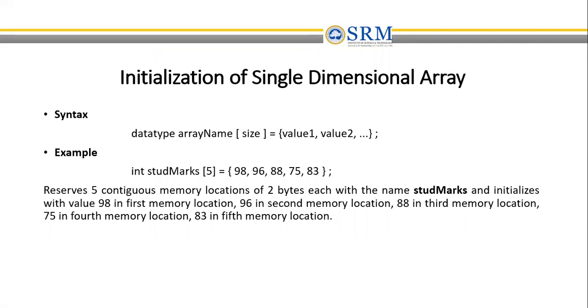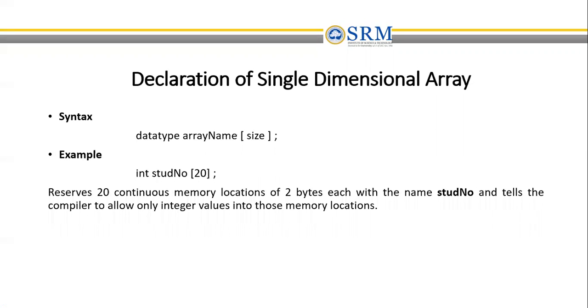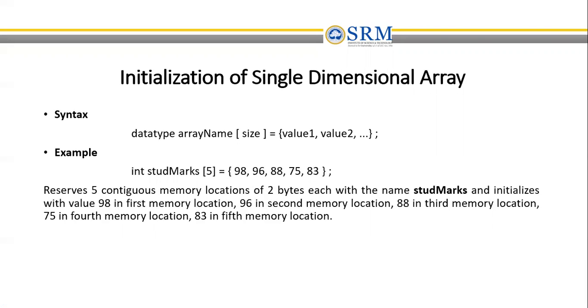Now initialization. Here again we have the data type, array name, and the size. There is another way of initialization, where you give the values directly. For example, to store student marks, you specify the data type, the array name, the size, and then value 1, value 2, and so on, any number of values.